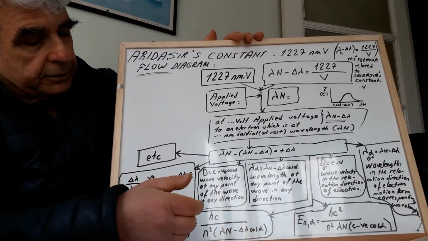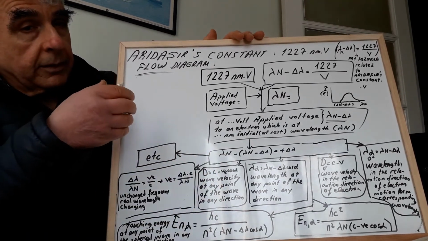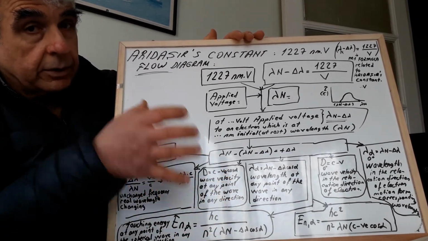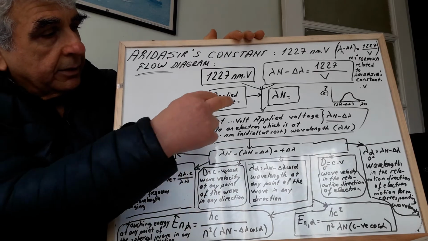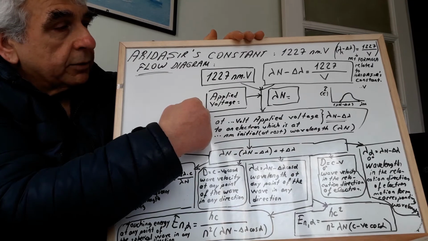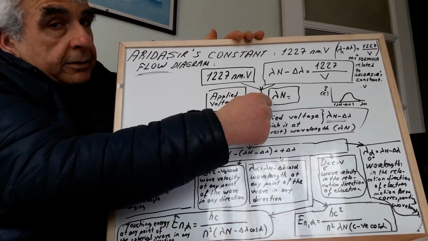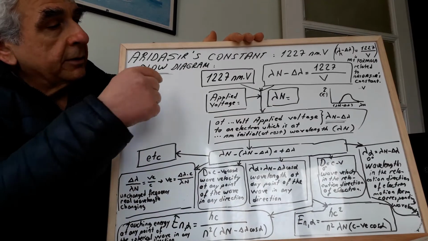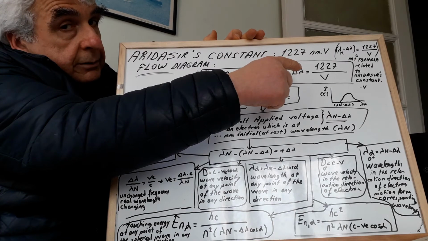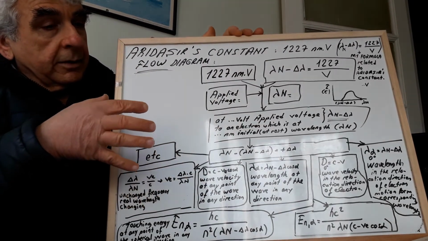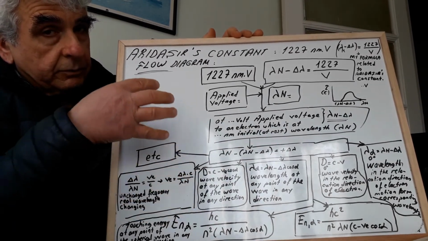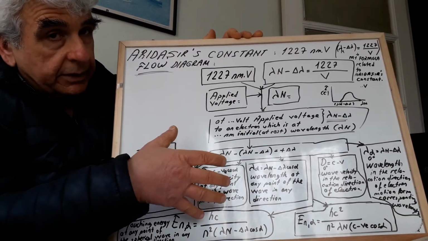We can determine velocity, wavelength, energy. We can find all of that in all conditions. We only need two data: applied voltage and lambda_n. Aridaşır's constant and my formula can predict all of these concepts, energy, wavelength, velocity, and so on.